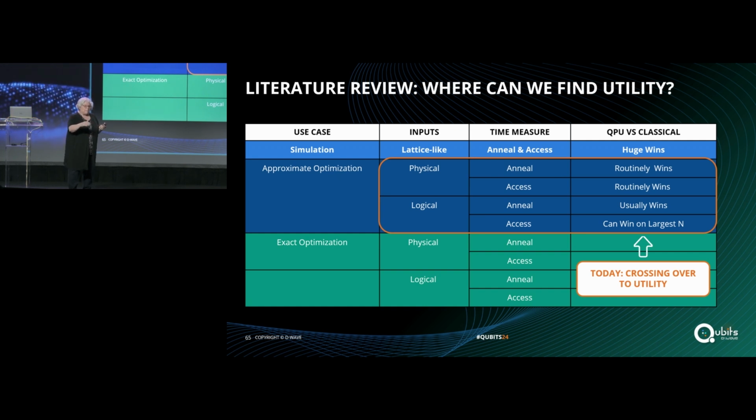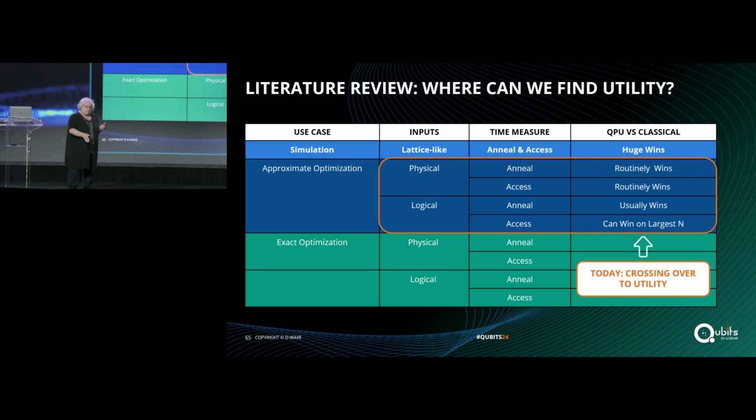For example, it depends upon the use case. You might be trying to simulate quantum processes. This is what my colleague Andrew King was talking about yesterday. You might be trying to do approximate optimization where you want to get a pretty good solution, and you're measuring how far away it is from optimal. Or you might be wanting to do exact optimization, which is how long does it take you to find an exact optimal solution.